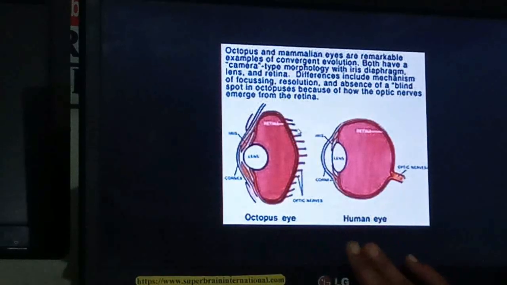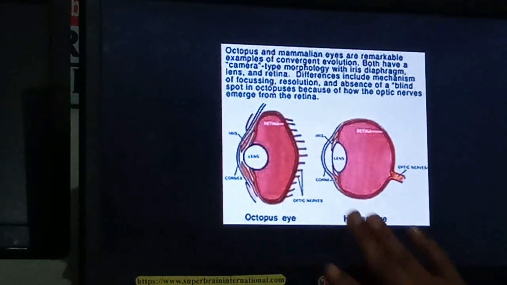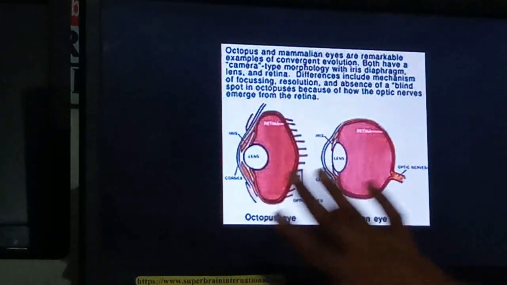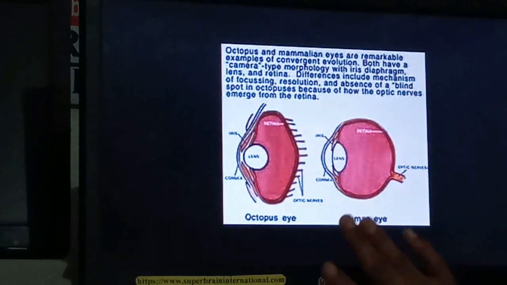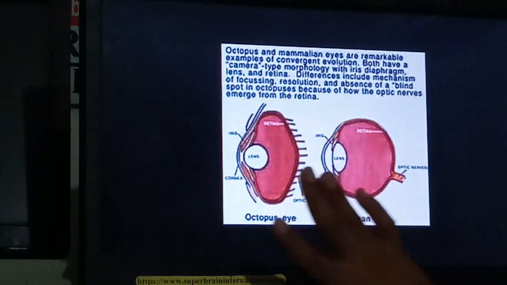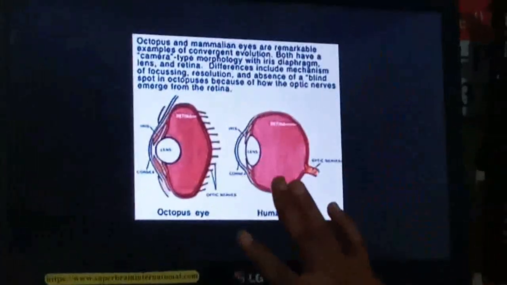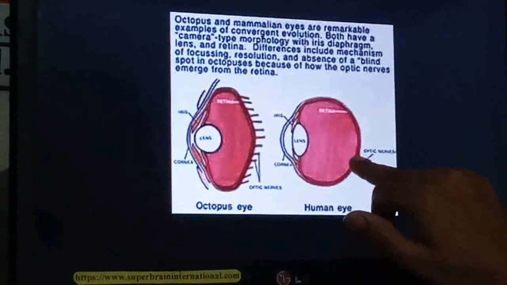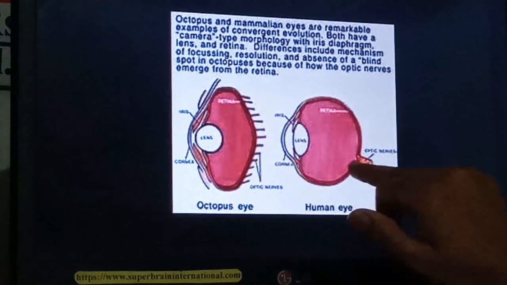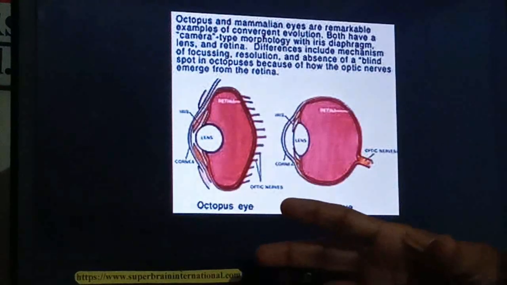Another example is the eye, the octopus eye and the human eye. This is one more example of an analogous structure. Actually, the human eye is very well developed. It receives light and makes an image, right? There is a blind spot, and even the resolution power is very high.